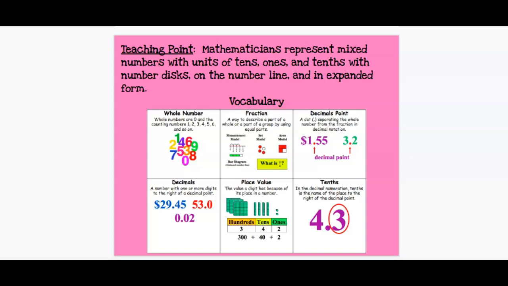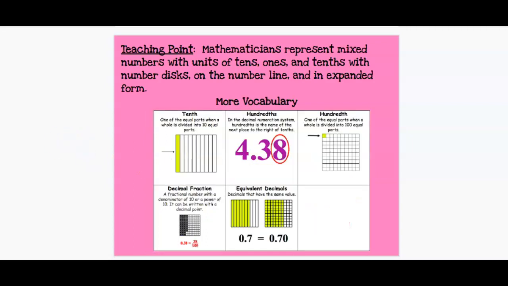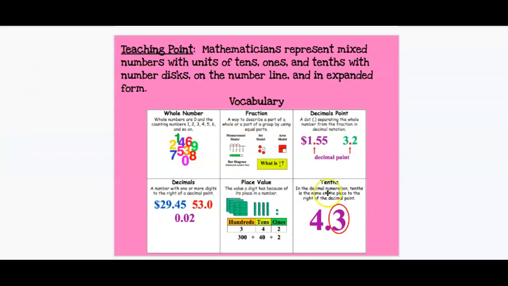I introduced you to some vocabulary last week, and I want to introduce you to some new vocabulary. Vocabulary that we learned last week was decimal point, decimals, and tenths. I know some of you are jumping ahead, so I wanted to give you some additional representation of the same vocabulary. Last week when I showed you representation of tenths, I showed you that it was the first number to the right of the decimal point.